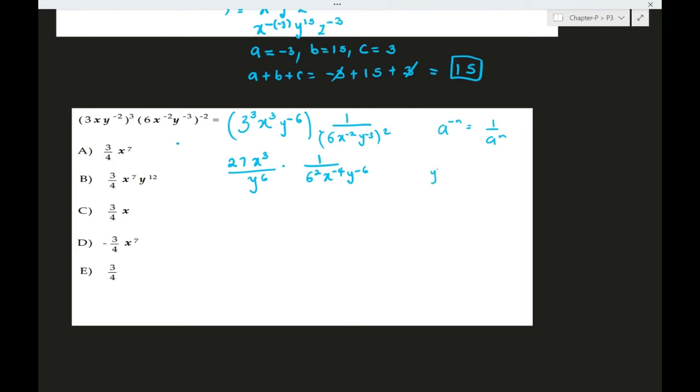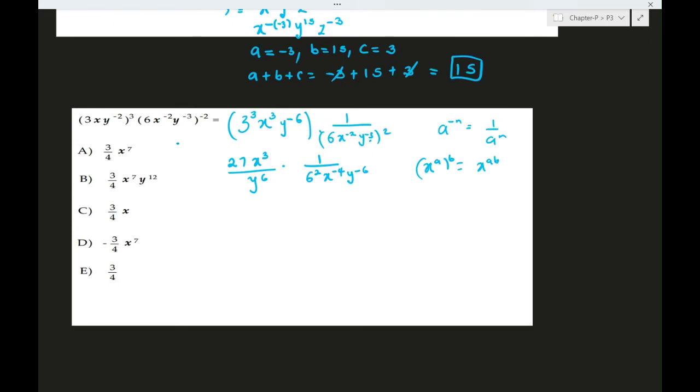So please don't forget, here you can see we have this one to power 2, right? So the mistake students make is to say this is minus 3 then square it. No, this is just minus 3 times 2. And the same here. So the property we're using here is that if you have x to power a, all to power b, it's just x to power a times b.